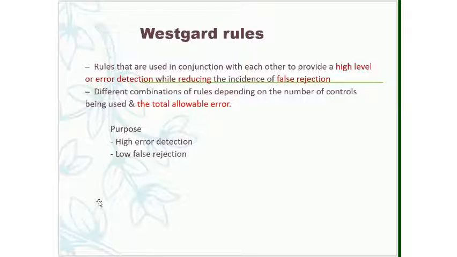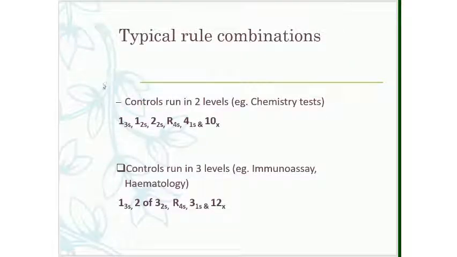It uses different combinations of rules depending on the number of controls being used and the total allowable error. The purpose is high error detection and low false rejection.